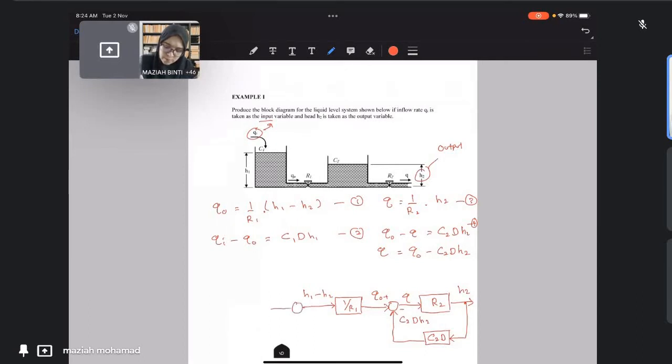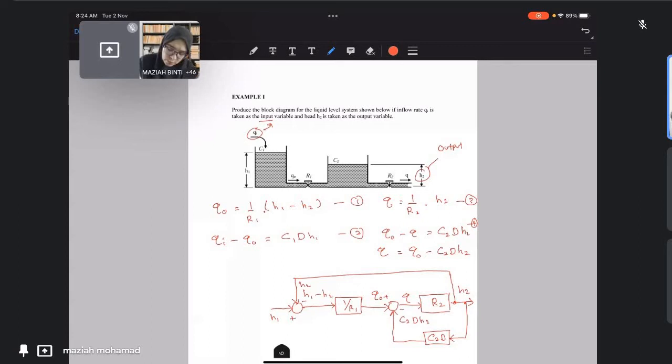The input is H1 plus, and then I have H2 here, so this one is minus. H1 minus H2.